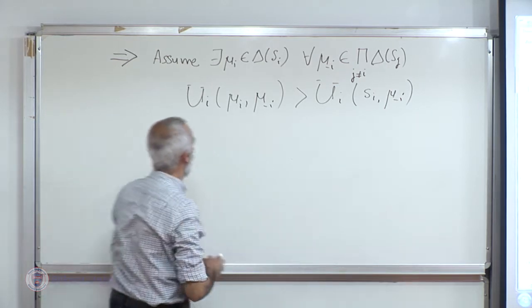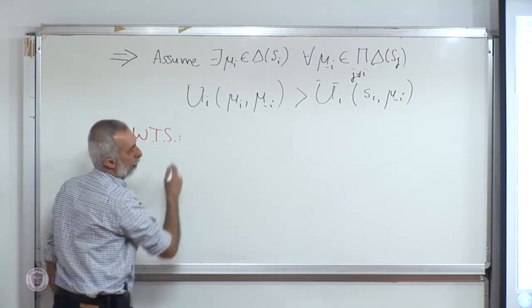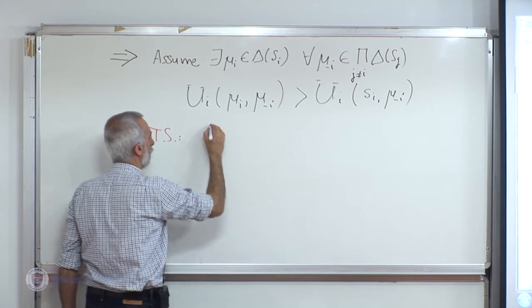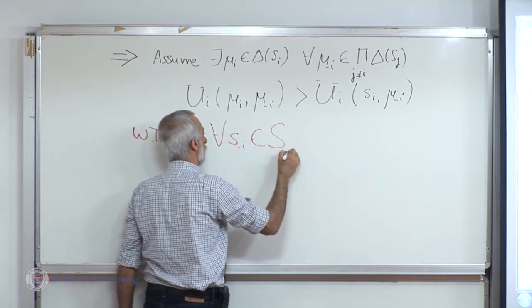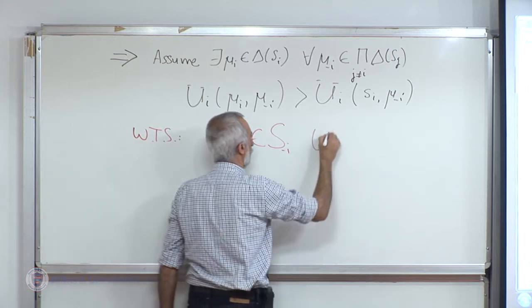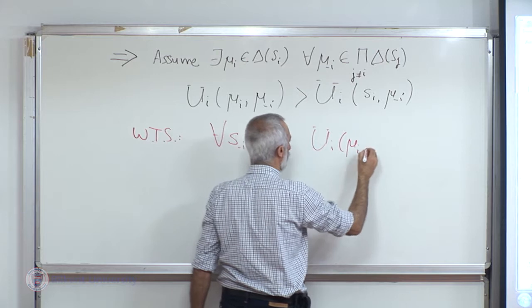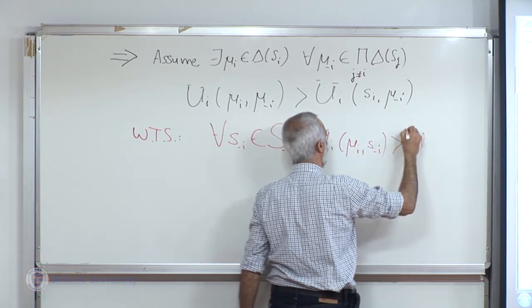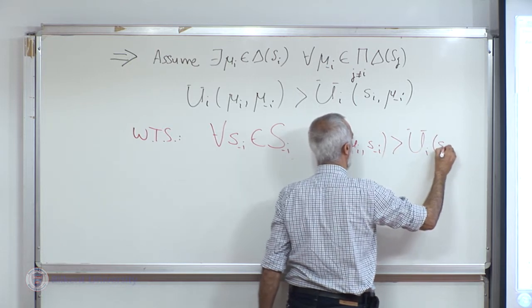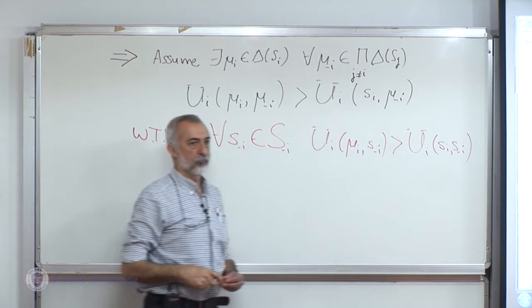What we want to show is, for any S minus I in capital S minus I, the expected utility that he gets from mu I when the opponent plays S minus I is greater than the expected utility that he gets when he plays Si and his opponent plays S minus I. Okay?